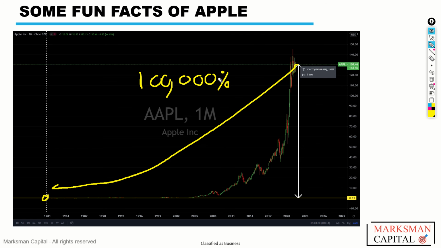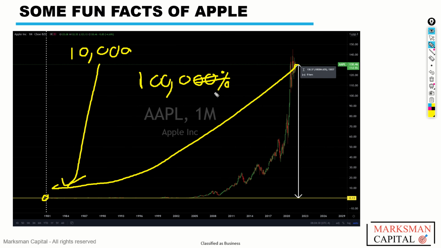So it's more than 1,000. Let's make a calculation here. It's around 1,000 times gains. So if you had invested about 10,000 USD right here, let's multiply that by 1,000 after 41 years.